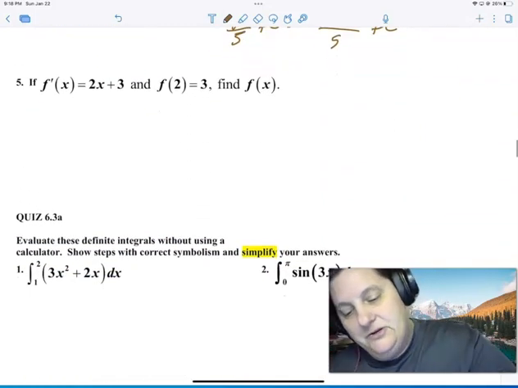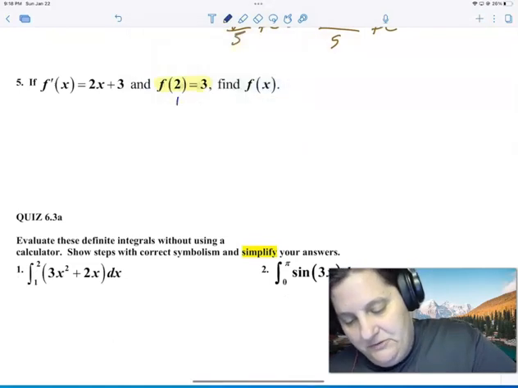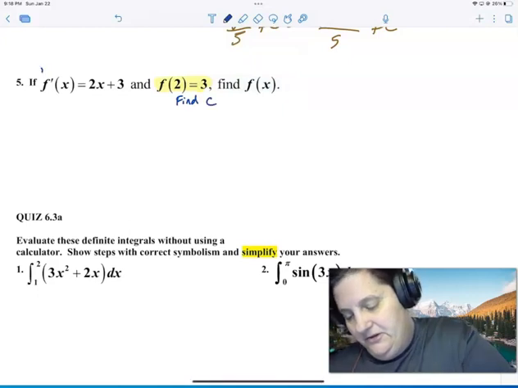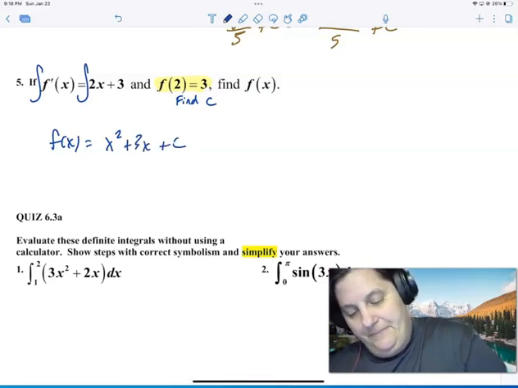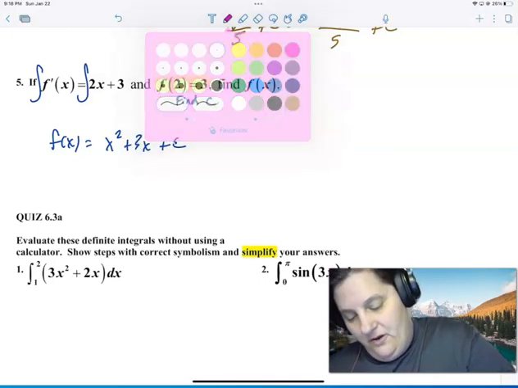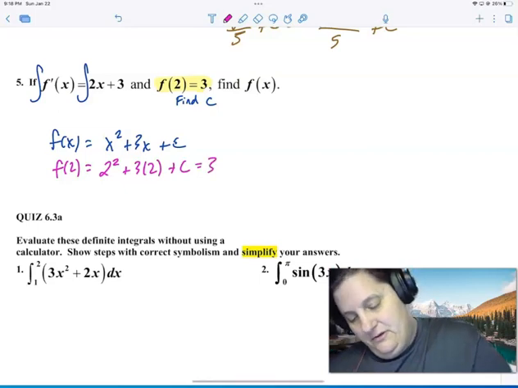Okay, cool. And here's another one where the whole purpose of them giving me that is to allow me to find c. So if I integrate both of these, f of x is x squared plus 3x plus c. This tells me, okay, well, if I plug in 2, I should get 3.